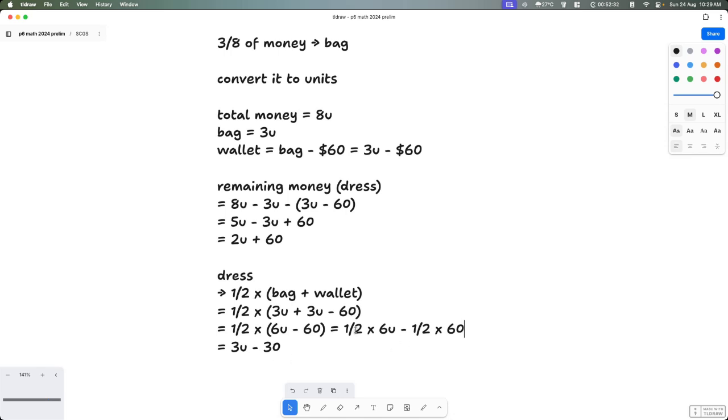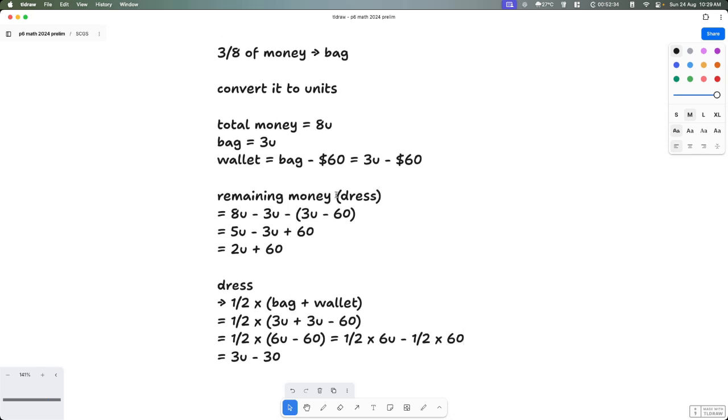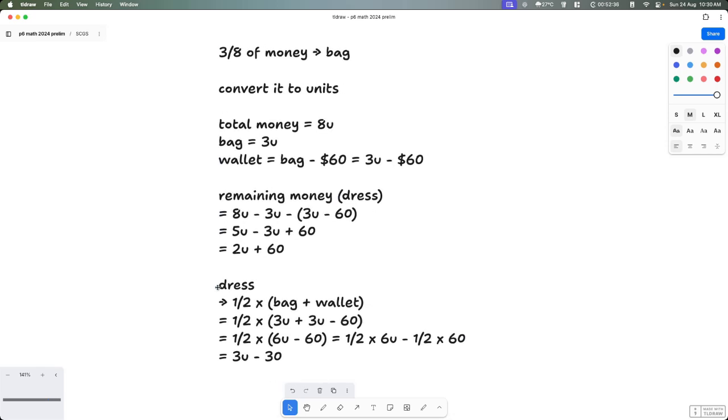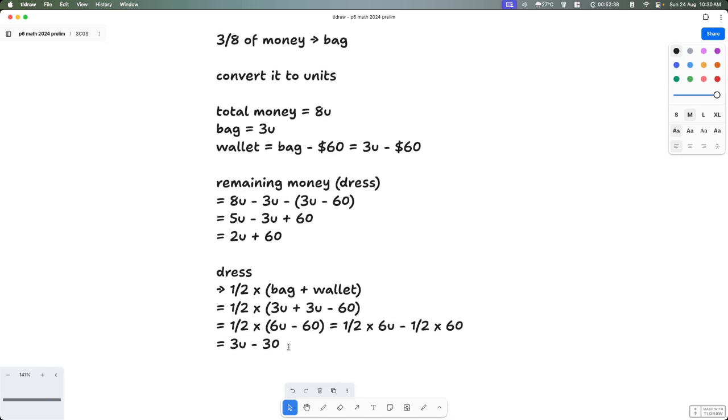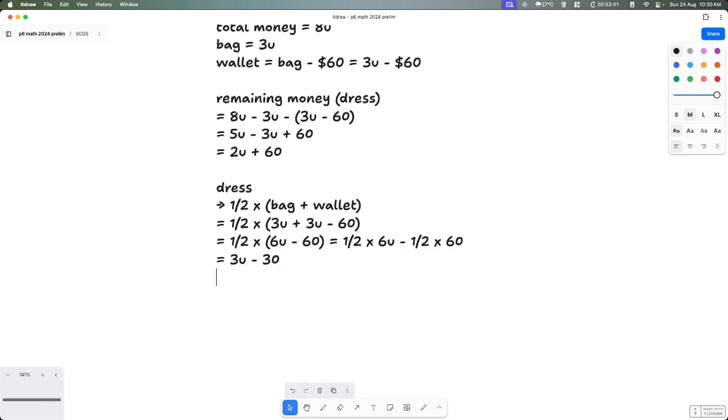Okay, so this is what it means. We know that the dress is this over here. So 3 units minus 30 is equal to 2 units plus 60.